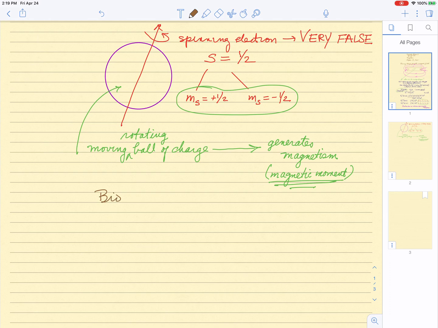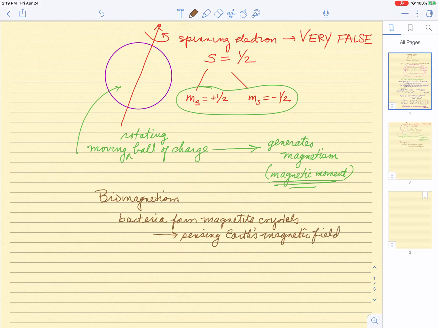there's a field called biomagnetism, and certain bacteria can actually form magnetite crystals within their cell body, and they actually use this for sensing Earth's magnetic field, and they use it for being able to move in a particular direction.